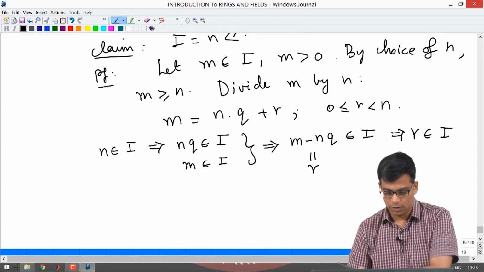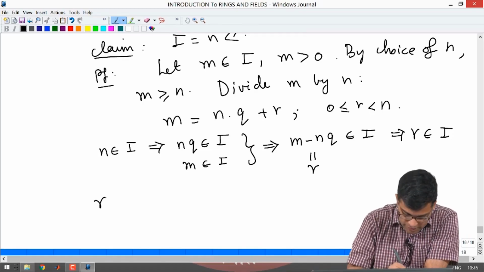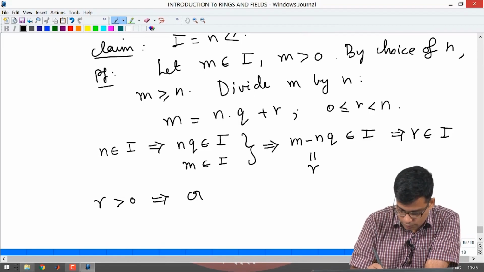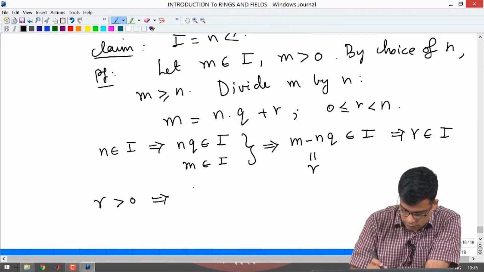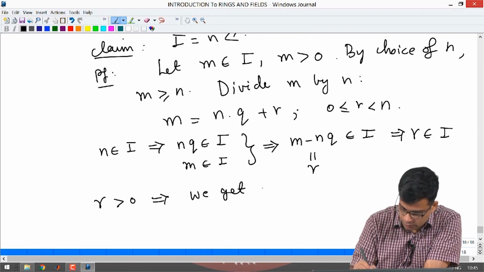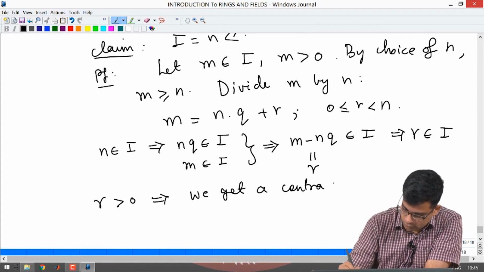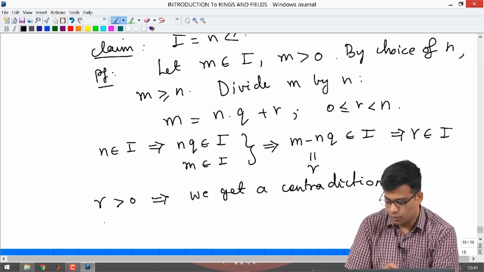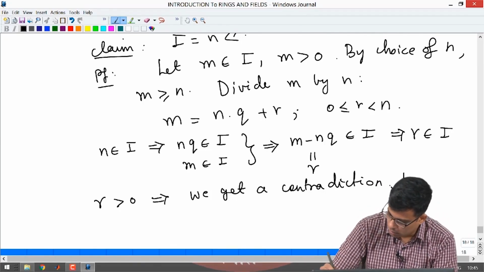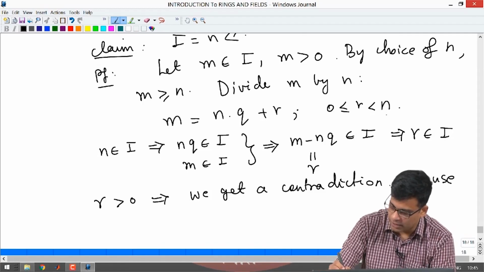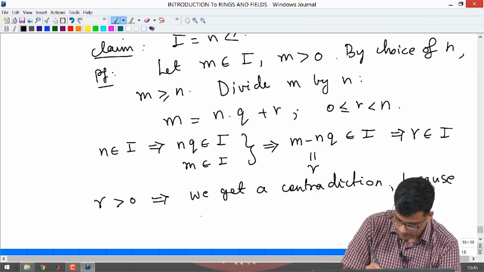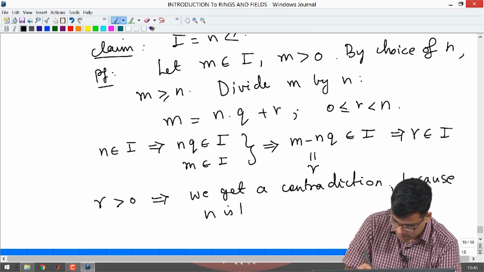But now, we have a problem, because if r is positive, this leads to a contradiction. What is the contradiction? If r is positive, r is strictly less than n by the process of division.